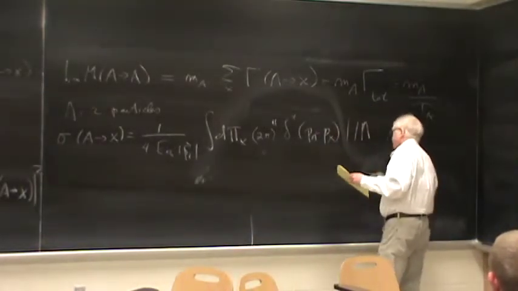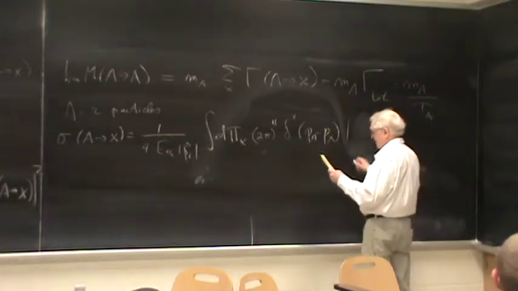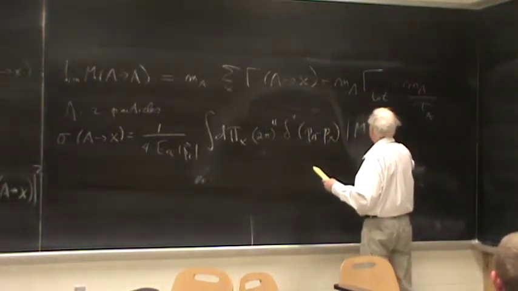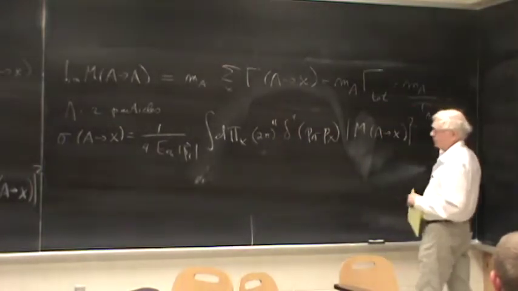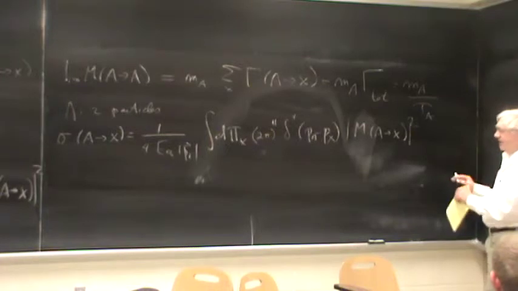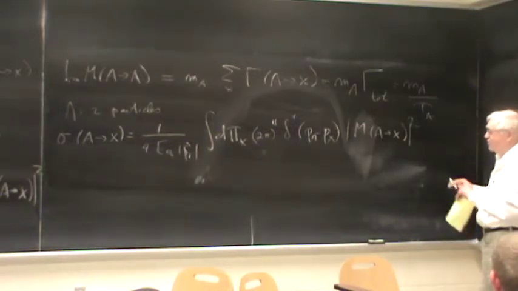All right, hold on. Absolute value of M, A goes to X, squared. Okay, so that's the total cross-section of A goes to anything, A being two particles.